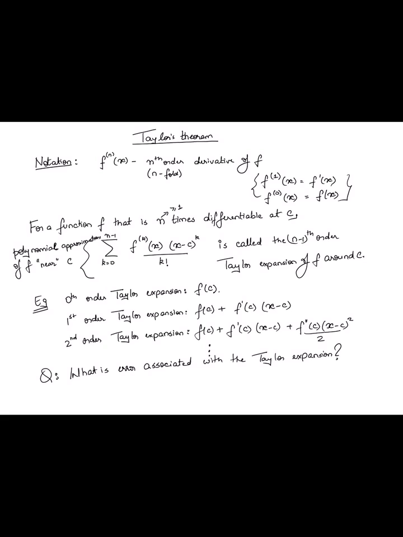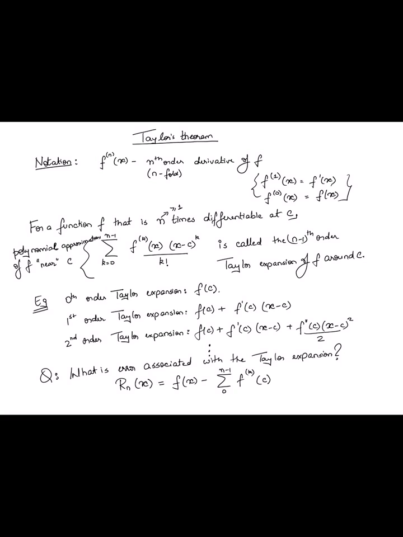Specifically, we will denote the error as R_n of x. So R_n of x is the error between the function and its n-1th order Taylor expansion. In other words, R_n of x is defined as follows. It's f of x minus the summation from 0 to n-1 of f^(k) of c.